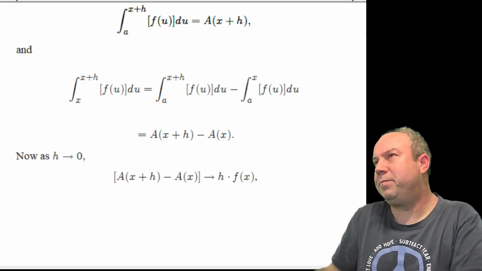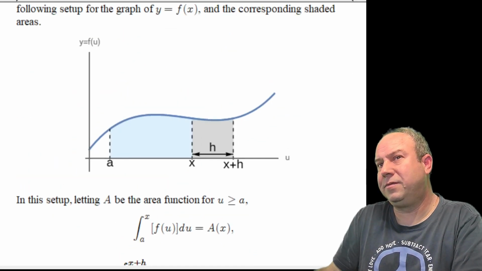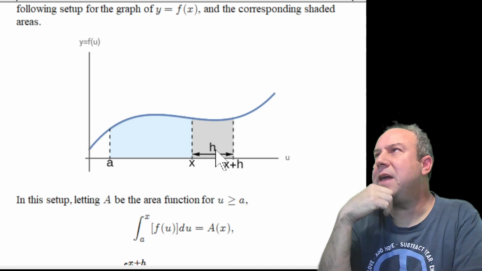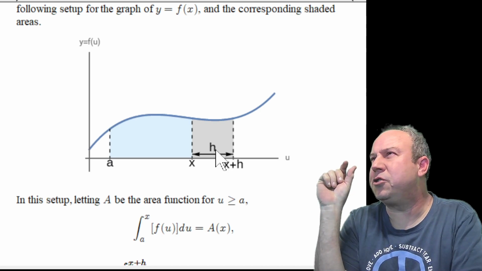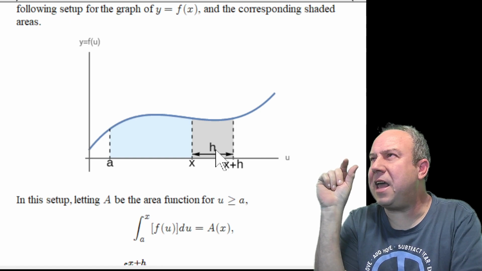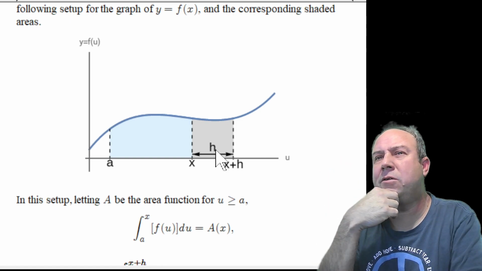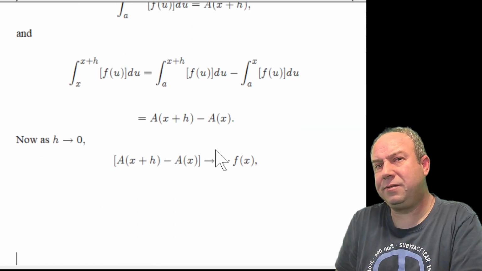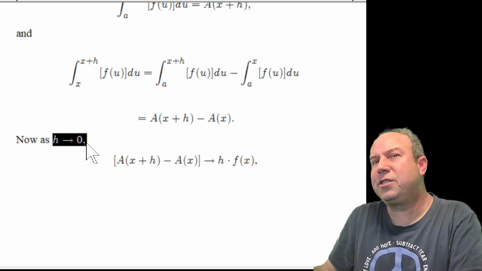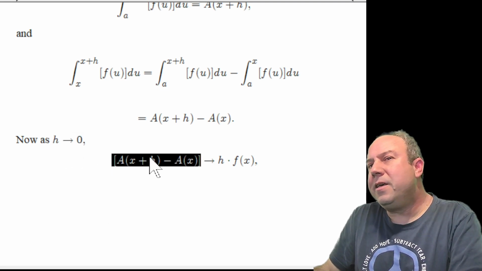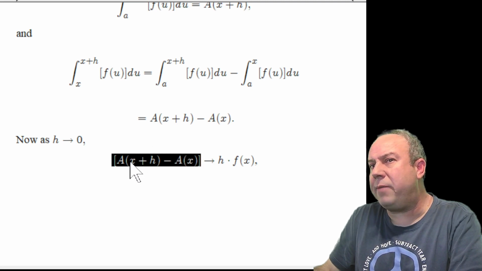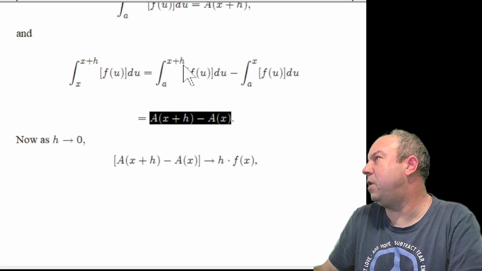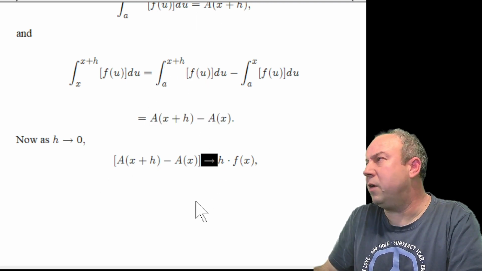Now, that h is arbitrary. This value of h is arbitrary. And if we allow that value of h, that distance, to begin to shrink, as we let it head to zero, get smaller and smaller, what you're going to see happen is that the actual area described by that region, given by this difference in the previous note, is going to approach its own value.